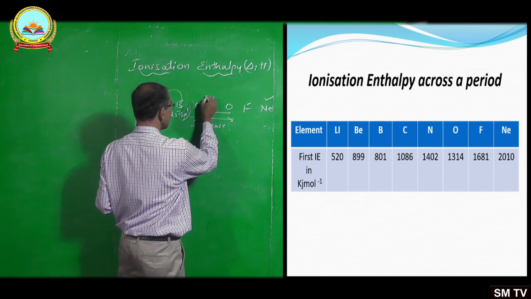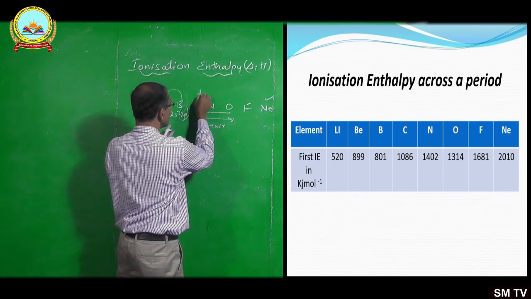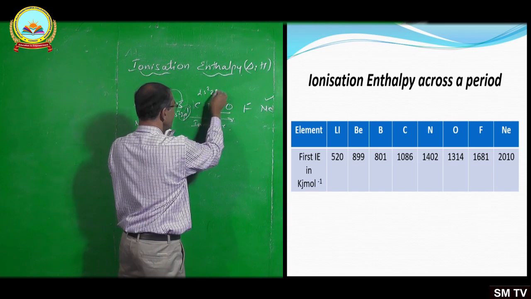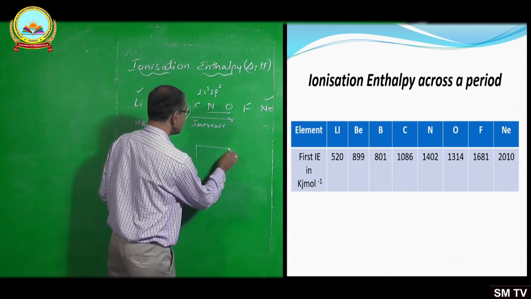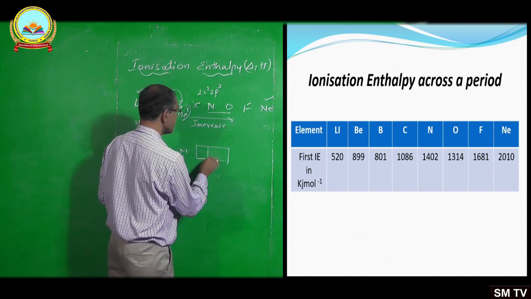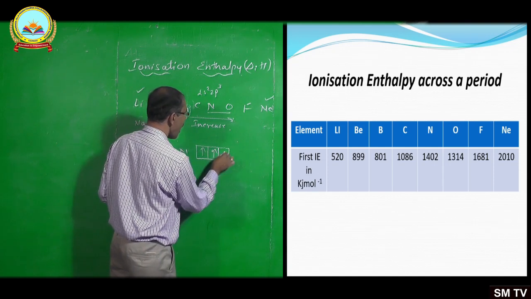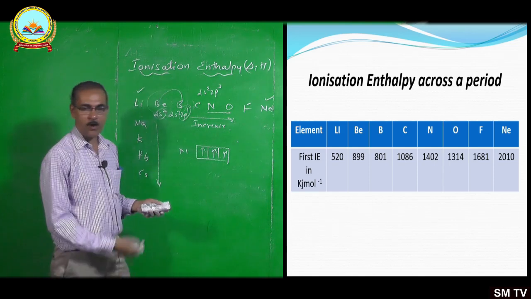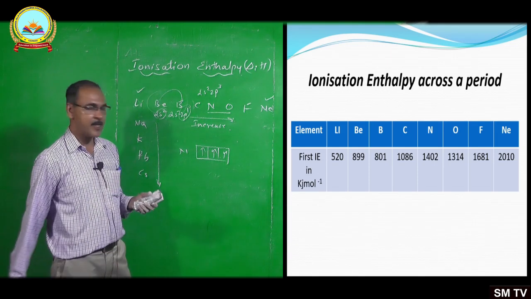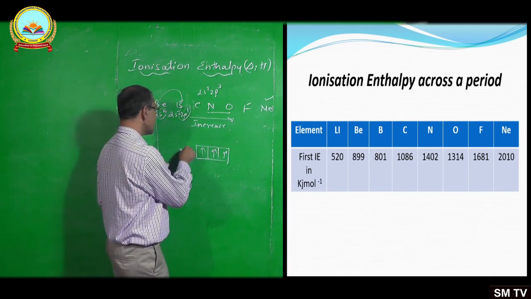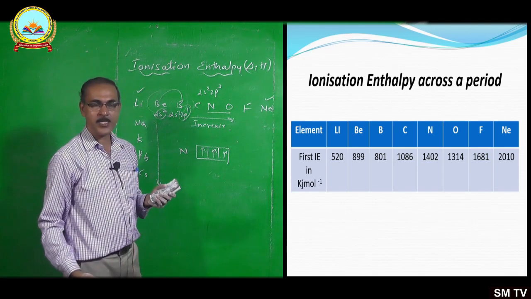So, this has 2s2 2p3 configuration, p3 state. See here. So, in the case of nitrogen, p orbitals are half filled. You know, half filled electronic configuration attains stability. So, high energy is needed to remove the electron from the stable configuration.